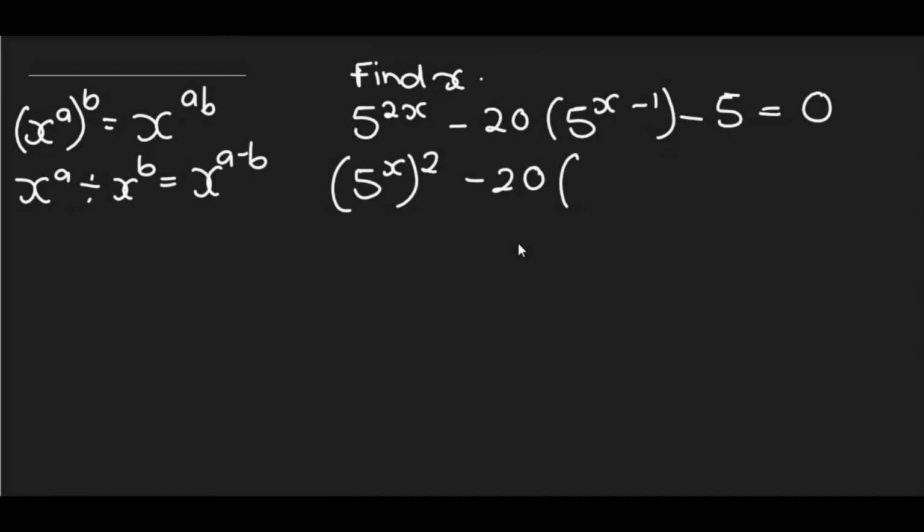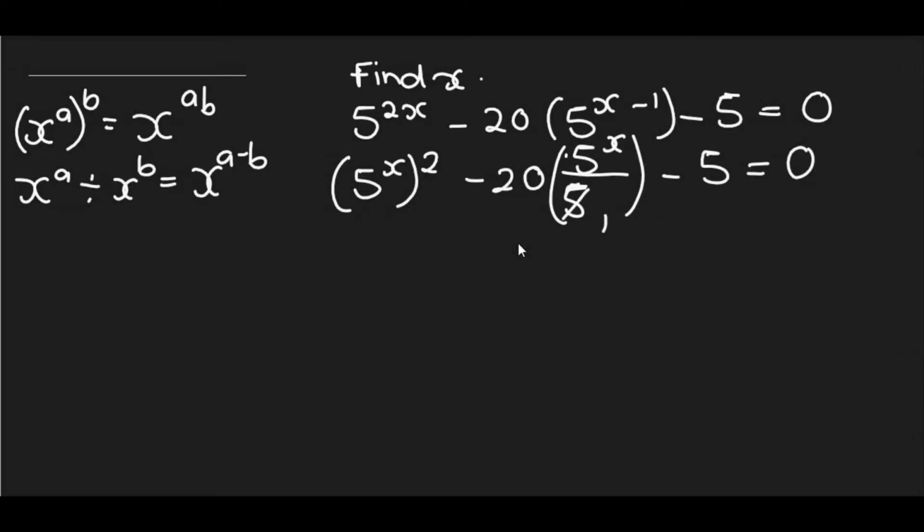So here, let me extend the bracket, we have 5 to the power of x all over 5 to the power of 1, which is just 5, so we leave 5 as it is, and then minus 5 is equal to 0.